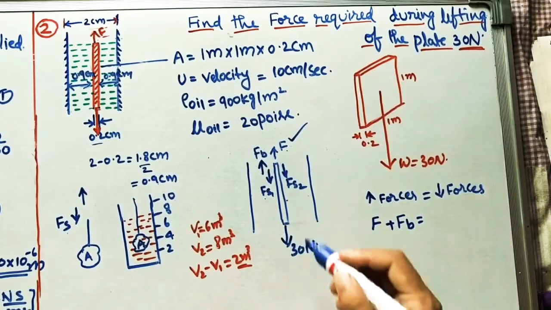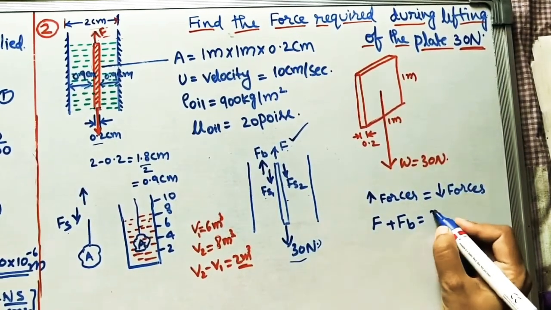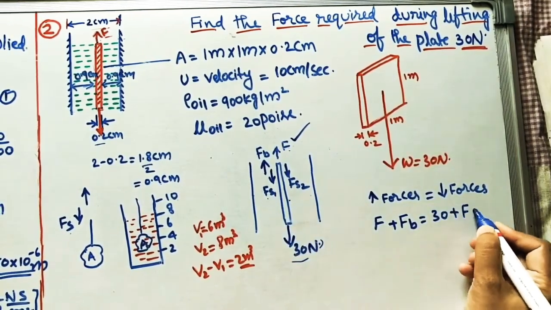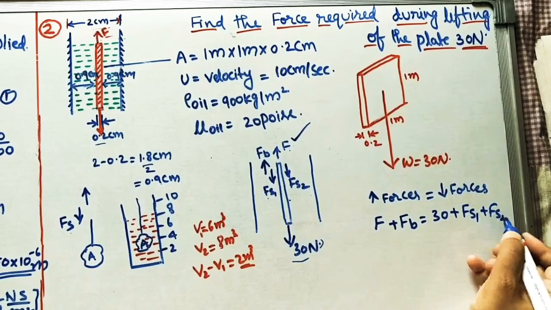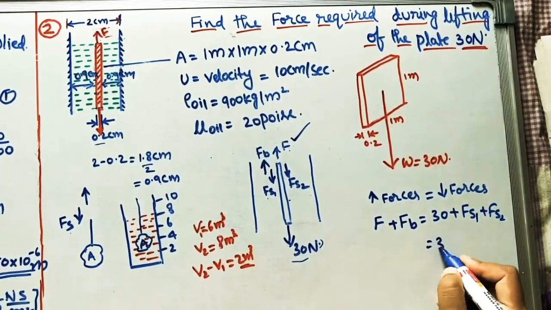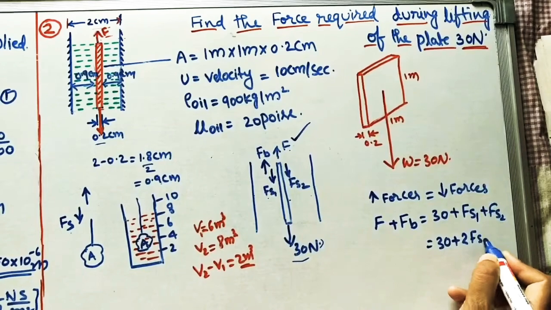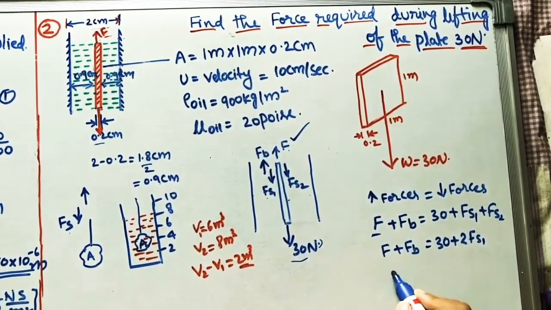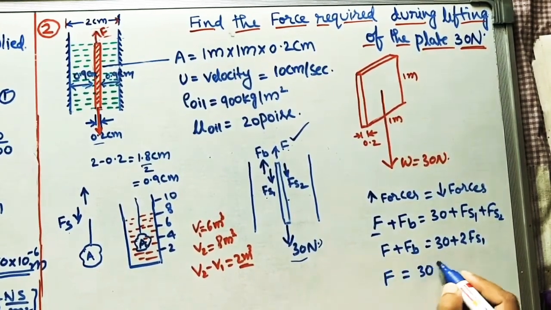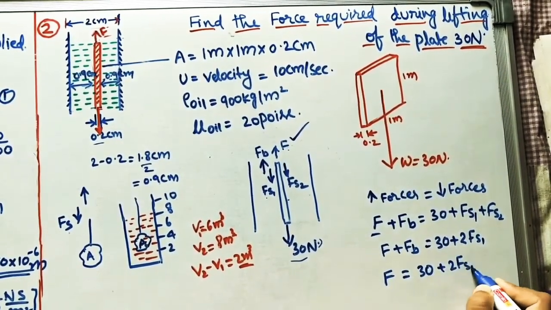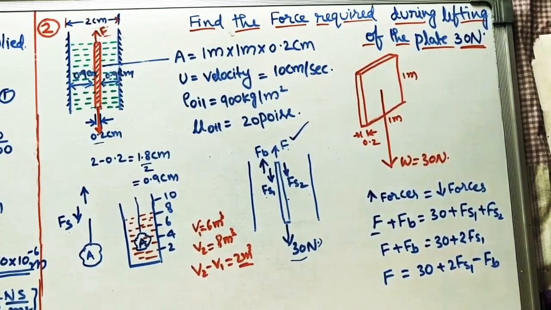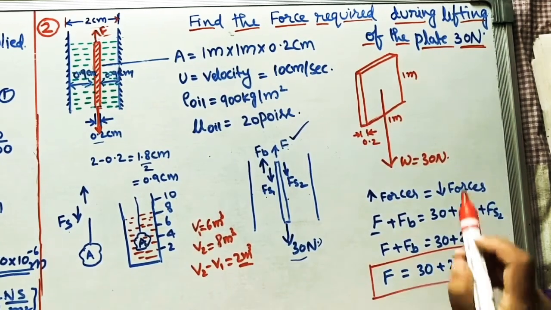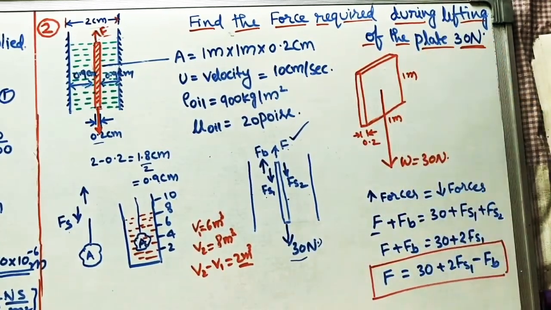Only two upward forces. What are the downward forces? Weight of 30 newtons plus Fs1 plus Fs2, both in the downward direction. As we know Fs1 is equal to Fs2, we can take 30 plus 2 times Fs1. Our main aim is to find the F value. So here F is equal to 30 plus 2 Fs1 minus FB. We have to consider this formula for finding the force required during lifting of the plate.